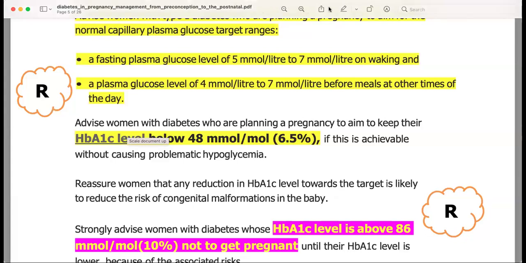Okay, so how about the control during pregnancy? Is the control during pregnancy different or not? There is no difference. What do you think?